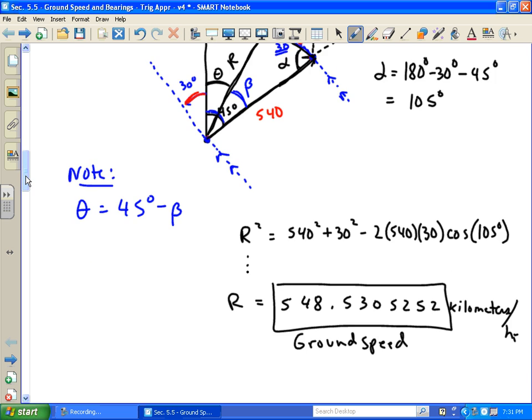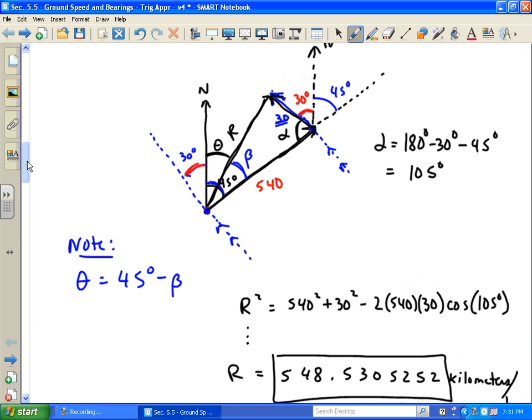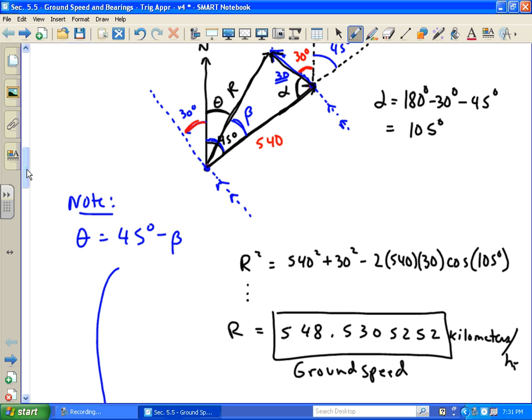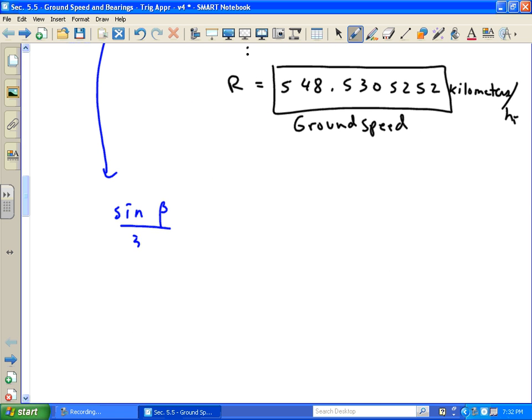Now how am I going to find beta? I can find beta by using law of sines. At this particular point, I know all my sides and all the angles except for one angle, and so I could use that to find beta. So down below, let's say that we have sine of beta over the side opposite of that, which is the 30, equals sine of 105 degrees over the side opposite of it, which is the value that I just found.